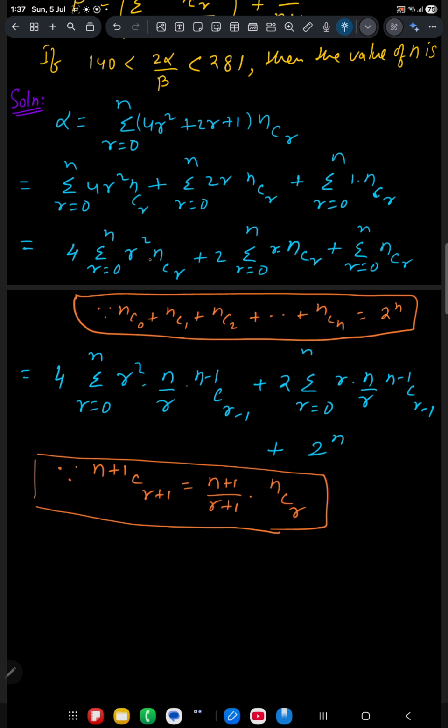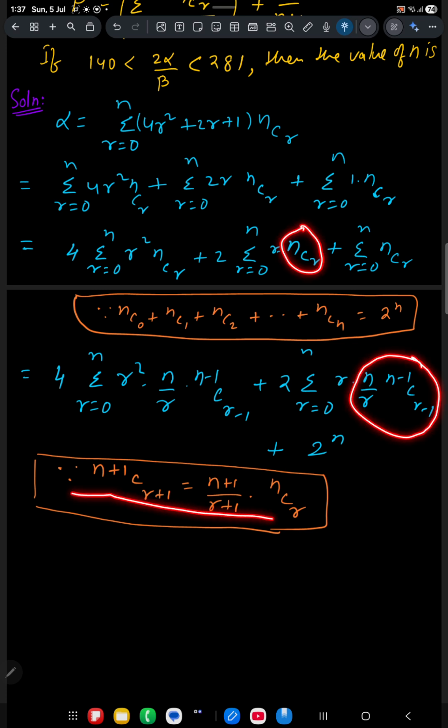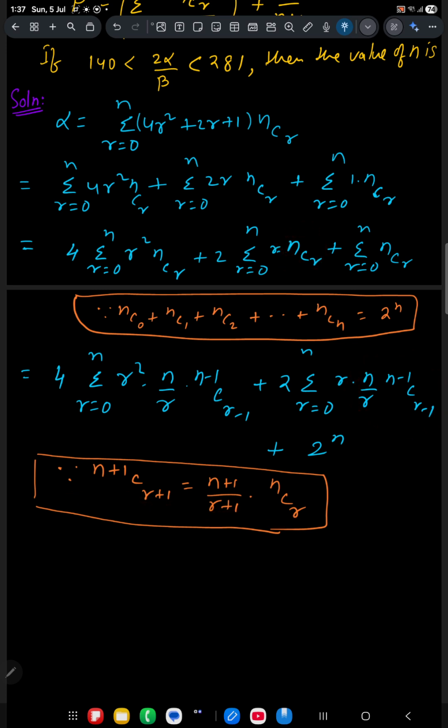So I have to convert this. So I have done n by r, then n 1 less, so n minus 1, and r 1 less, r minus 1. So that I have done over here. Clear? Similarly this place also, this was the place, nCr, using this formula. Okay, now I hope you have understood.